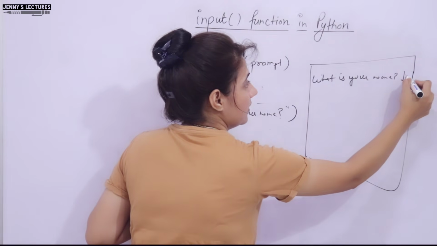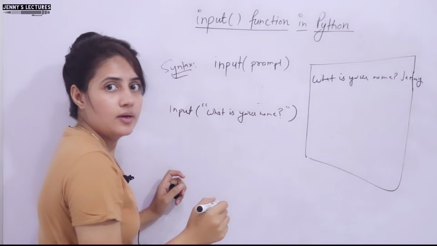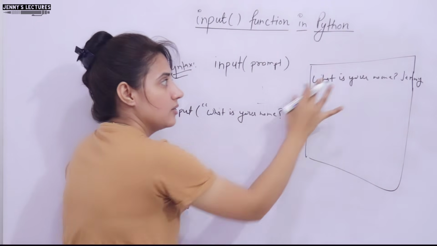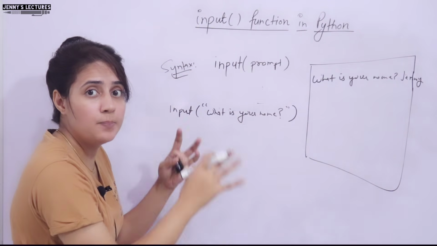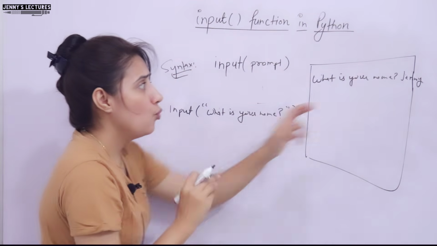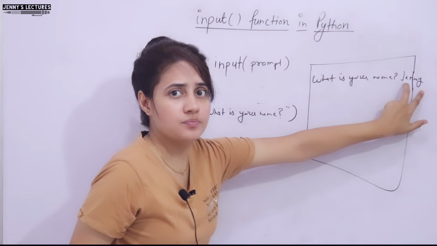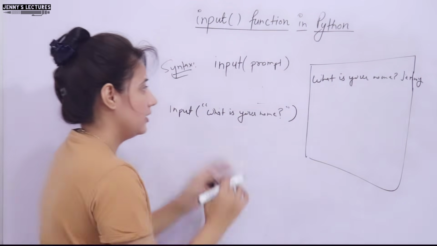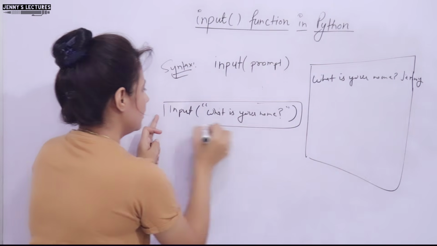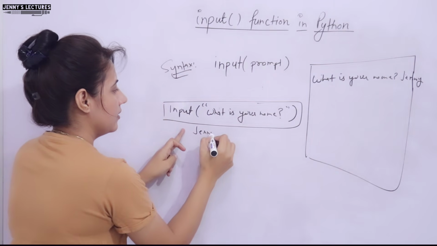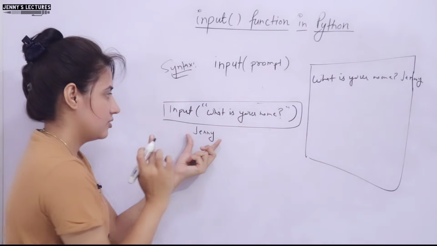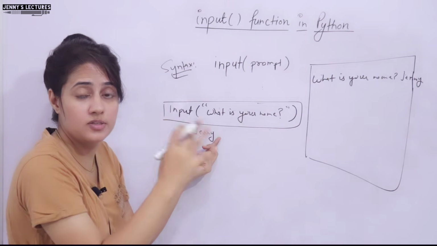So if I enter Jenny here and simply press enter, then the program is going to exit, and what is the behind the scenes process? Whatever name you enter here, the input line we have written in the program would be replaced by this string, or you can say this name.